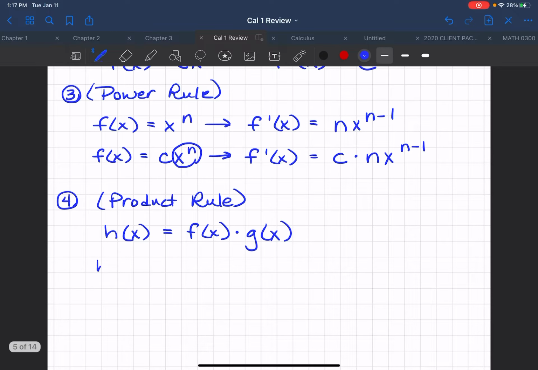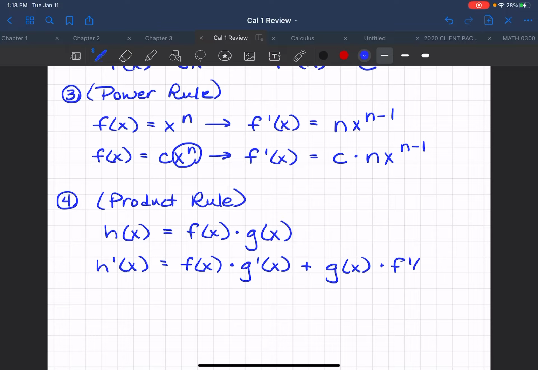So your derivative of h of x is going to be the first function times the derivative of the second plus the second times the derivative of the first. Now, you may have done that in a different order in Cal 1, but the order doesn't really matter because it's addition, just as long as you do the regular function times the derivative of the other plus the opposite. And the answer will be the same.